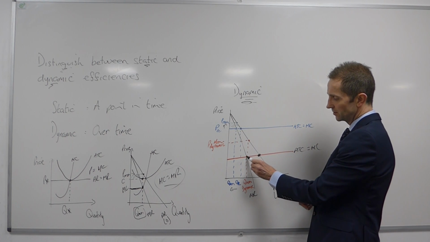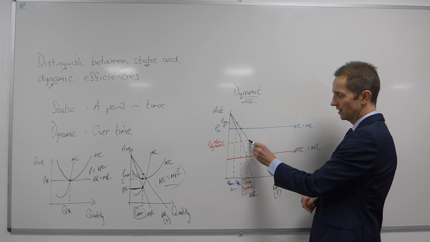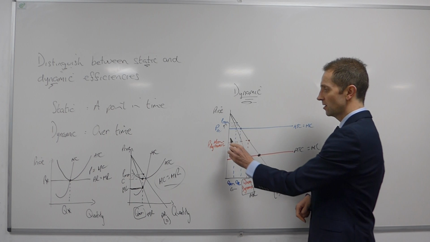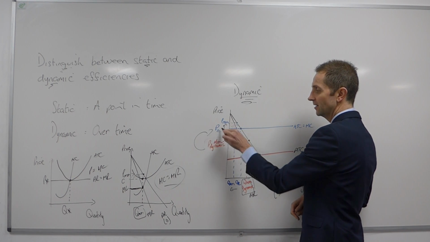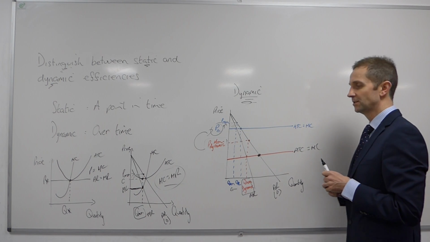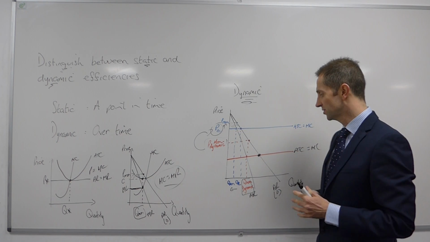Now MC equals MR gives us this level of output, and the price, as determined by the demand curve, is here. You can see now, ladies and gentlemen, that the monopoly price is now actually less than the original perfectly competitive price. And that we would describe as a dynamic efficiency gain.